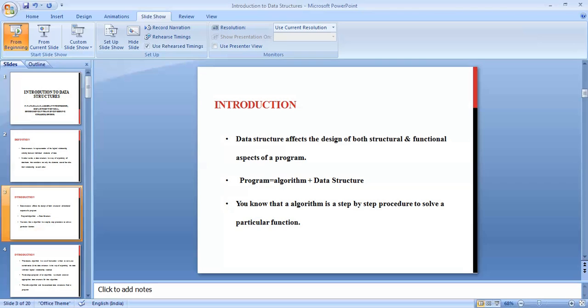So here, primitive data structure. Primitive means a basic data structure. We can store only one value at a time. These are basic structures and are directly operated upon by the machine instructions.